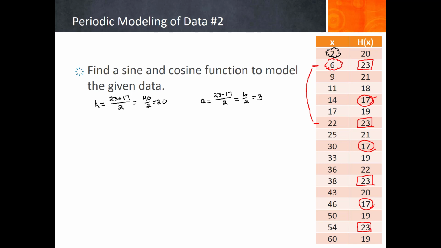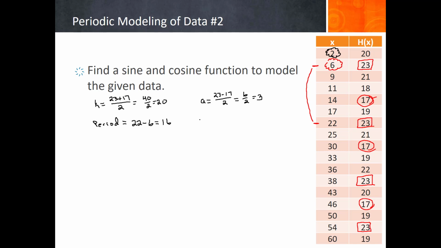So we kind of have almost everything we need here. We do need to compute a couple more things though. So we have our midline, we have our amplitude, we also need to get our period. And the period again is the distance from maximum to maximum. So the first max is at 6, the second one is at x equals 22. So we're going to do 22 minus 6, which is going to be 16.